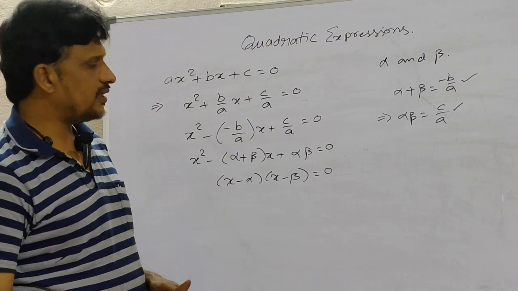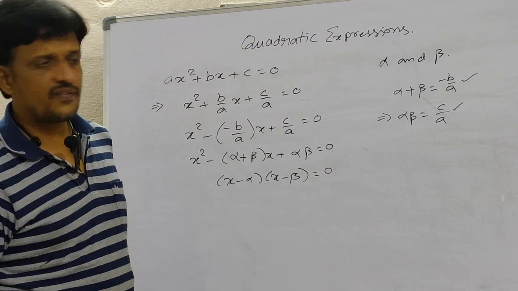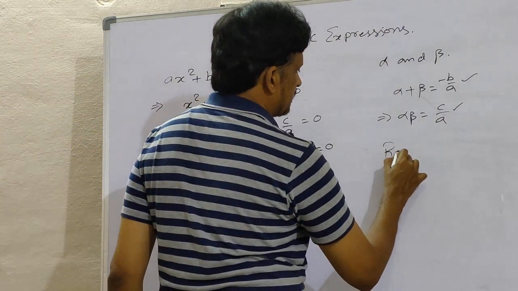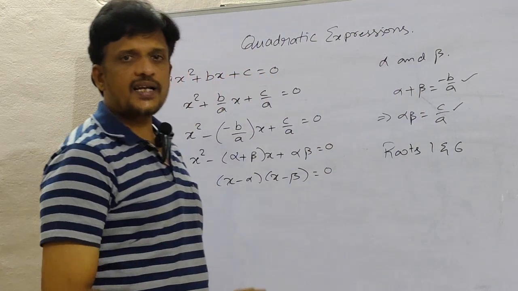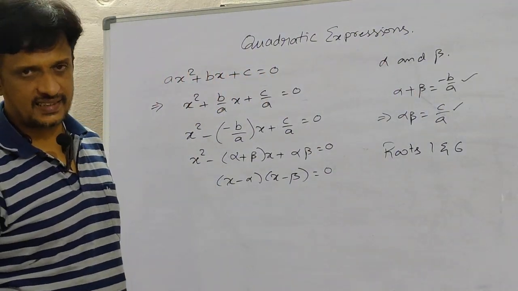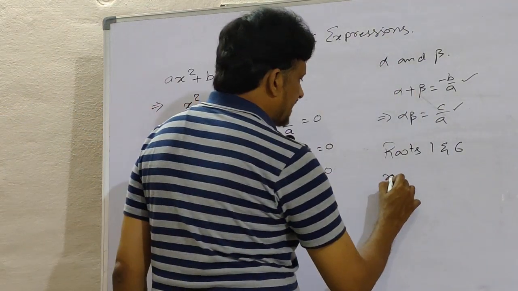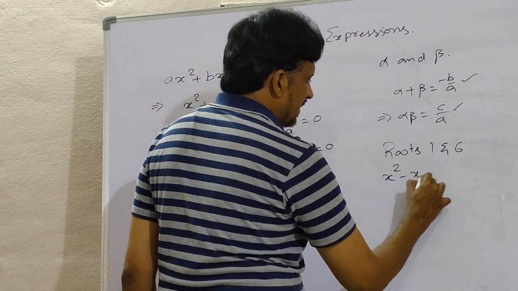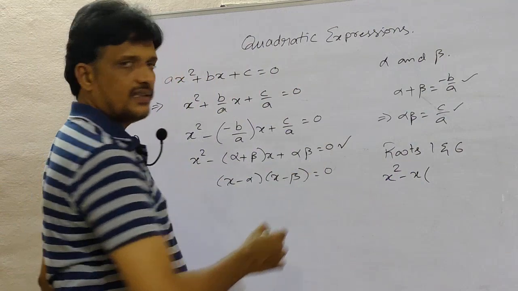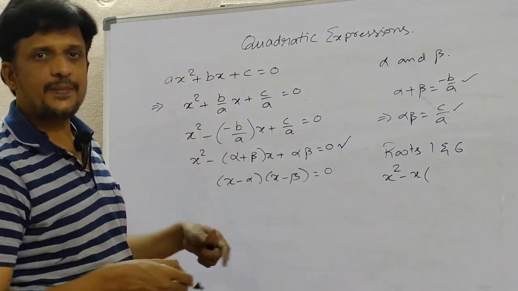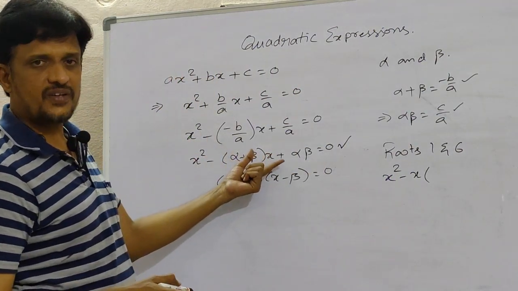For example, if you want to write a quadratic equation with roots 1 and 6, that will be x square minus x into the sum of the roots plus the product of the roots. This one we use usually. Instead of writing this one and again multiplying, we can use this simplified form.